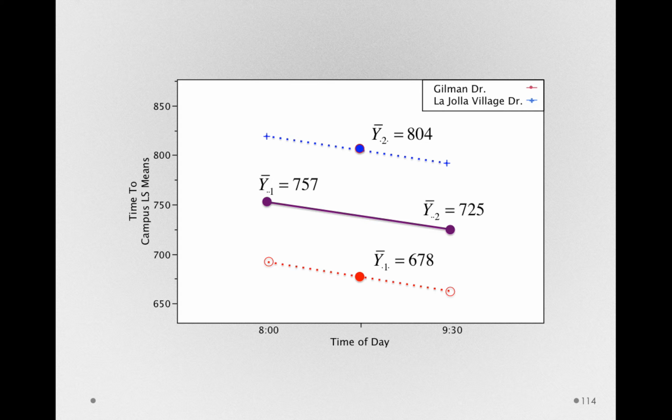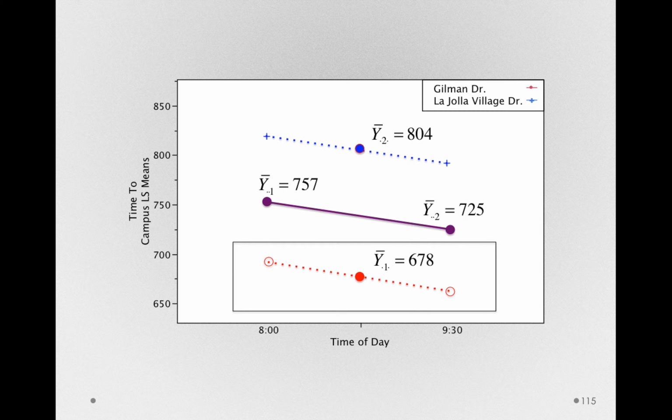Now, if we were to have a world like this, if those were the actual group means, notice this would be a world where there isn't an interaction. That is, the effect of time of day would be the same for each of the different routes. It would happen to be the average effect of time of day. Notice, at Gilman Drive, we have the average effect of time of day.